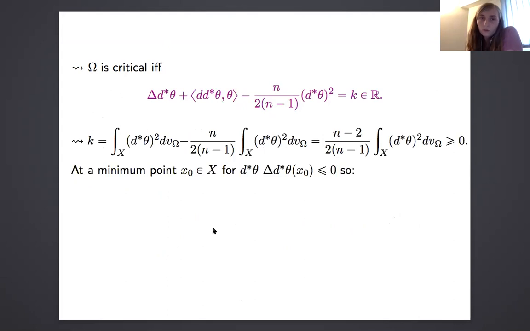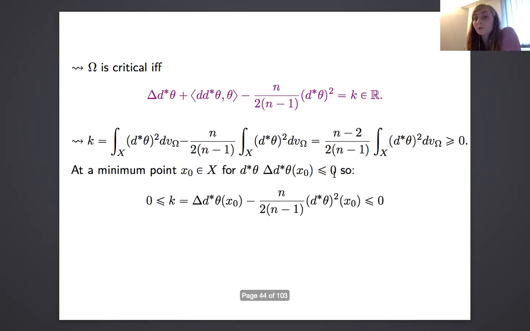And then you look at the minimum point for the function d star, where the Laplace operator has to be negative or 0. And then we obtain that on the one hand, the constant is non-negative. On the other hand, it's a sum of two negative quantities. So this is less or equal than 0, but this as well.